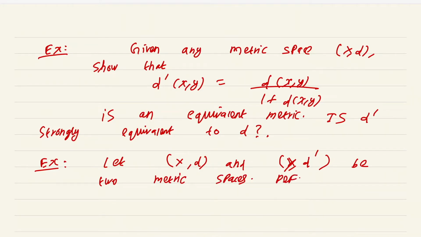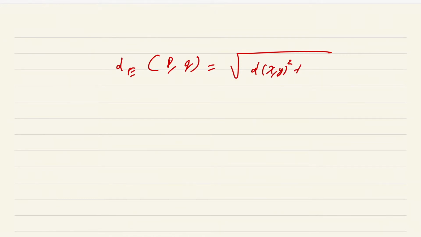Define, for P equal to (x, y) and Q equal to (u, v), the following: d_E of P comma Q is the square root of d of (x, u) squared plus d' of (y, v) squared.